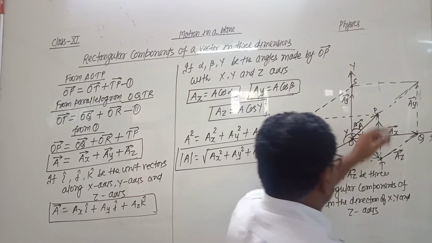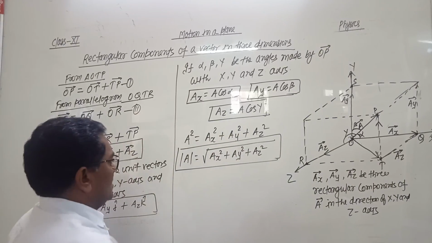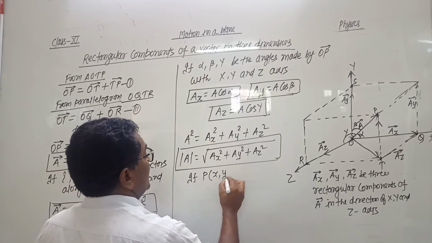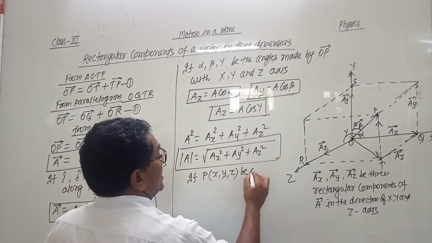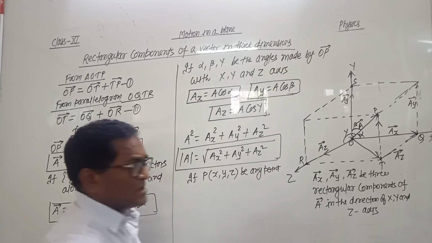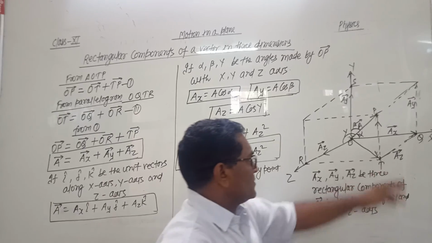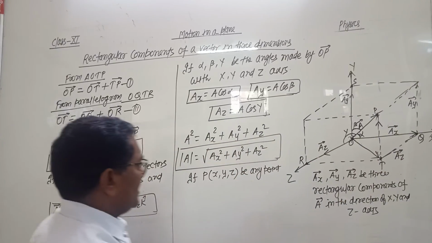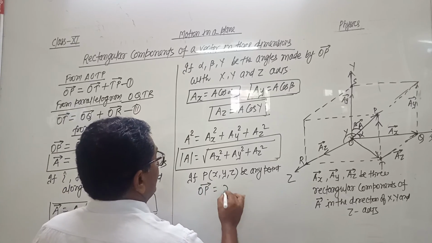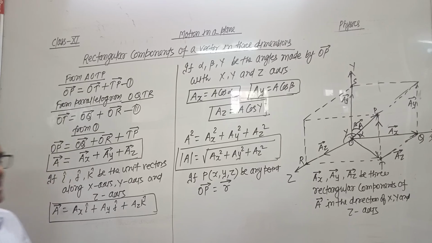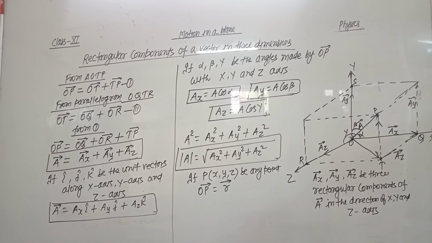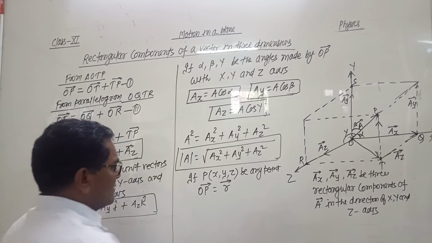If P(x, y, z) is any point, suppose the coordinates of point P are x, y, z and the vector OP is represented by the r vector.